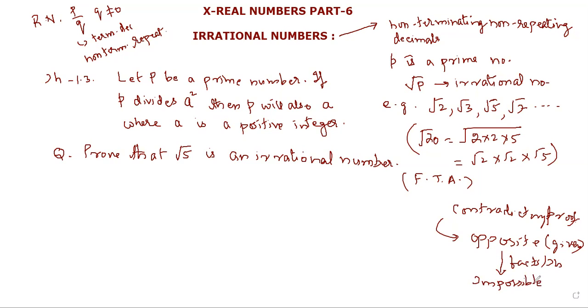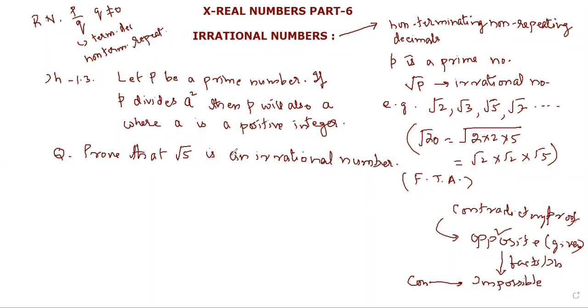So we reach an impossible conclusion. That proves that our supposition was wrong. Hence, whatever we supposed was wrong, which means the original statement is the correct one. Got it? So this is the way of proving.